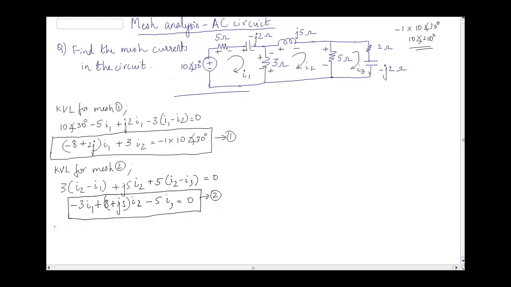Then we are having the third KVL written for mesh 3. As you can see here, mesh 3 is again having no voltage source. According to the passage of current, I will write this as plus minus plus minus plus minus.